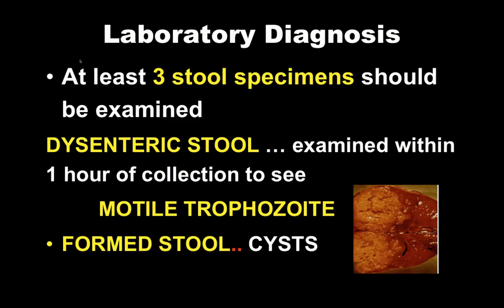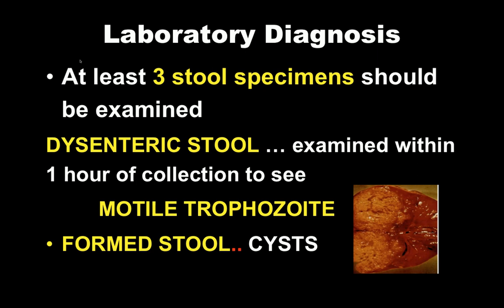Coming to the topic, in my previous lecture, we did the morphological features, life cycle, and the pathogenesis of Entamoeba histolytica. Today I'm moving on to the lab diagnosis, which is a very important examination question. In acute and chronic amoebiasis, stool specimens are sent to the laboratory for macroscopic and microscopic examination.